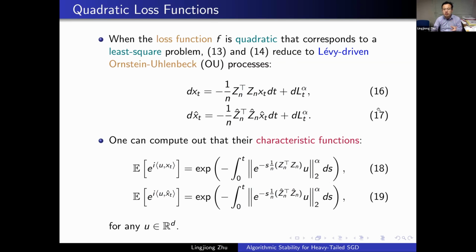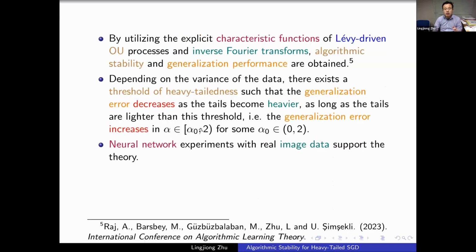For the Levy-driven OU process, it's easy to work with because one can explicitly compute the characteristic functions of xt and xt hat. The characteristic functions uniquely determine everything about the distribution of xt and xt hat. Then you apply some inverse Fourier transform, and you do some careful analysis, and you are able to obtain the algorithmic stability and generalization performance for the Levy-driven OU process.